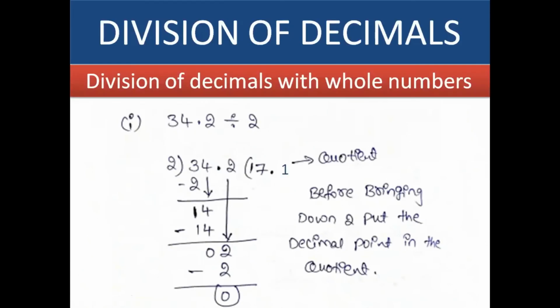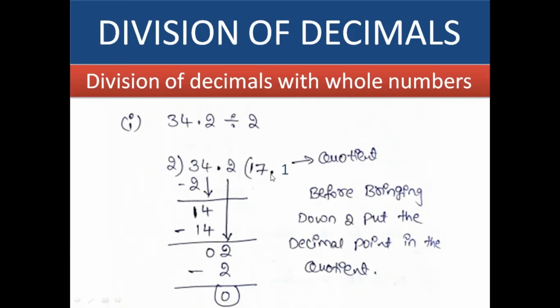Division of decimals with whole numbers. Example: 34.2 divided by 2. 2 is the divisor, 34.2 is the dividend. 2 ones are 2, 3 minus 2, 1. Next, 4, write down 2. 7 twos are 14. 14 minus 14, the difference is 0.